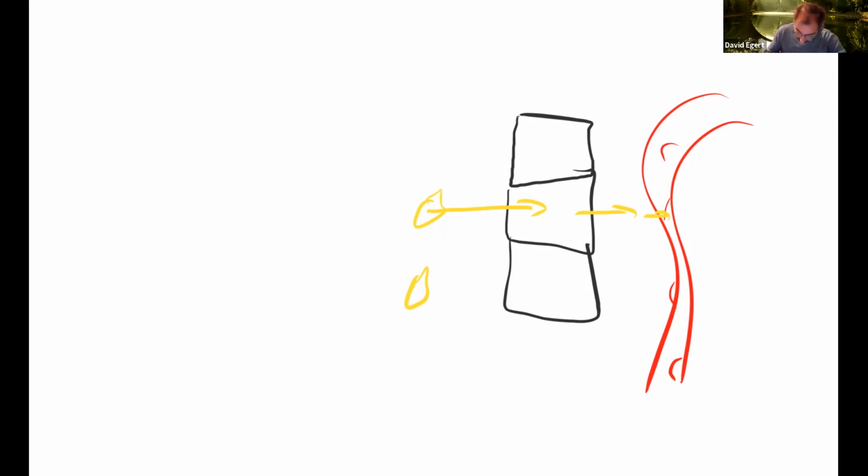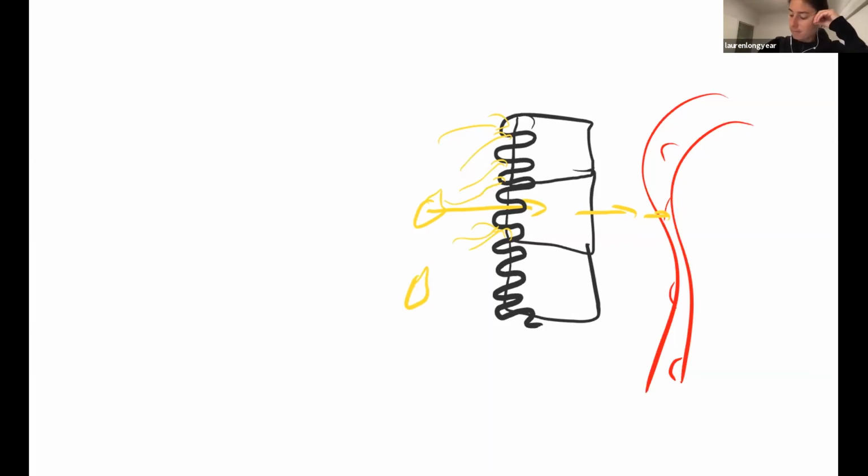If I change this now and make these with much higher surface area, now I have way more places where things can cross all in parallel at the same time. That's going to give me an increased rate that I can bring things across. Thank you. Sure.